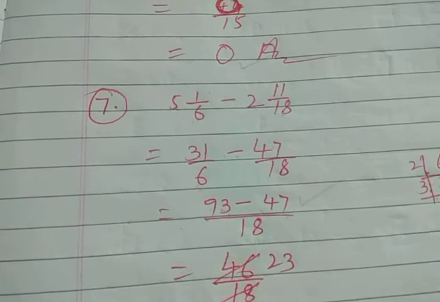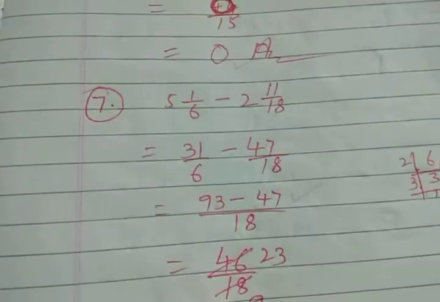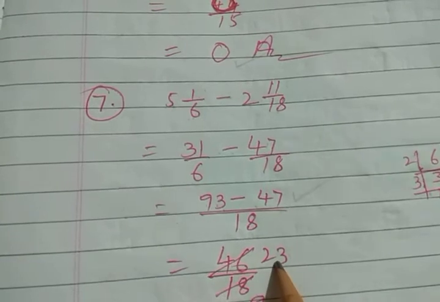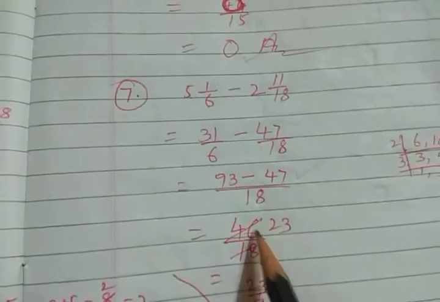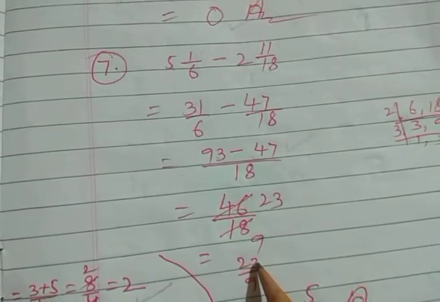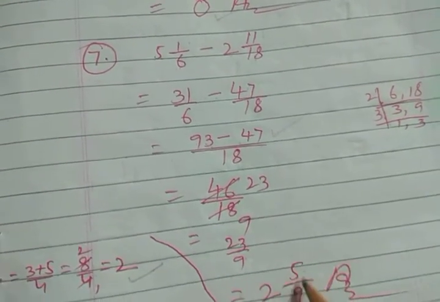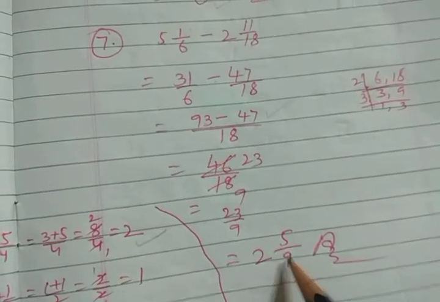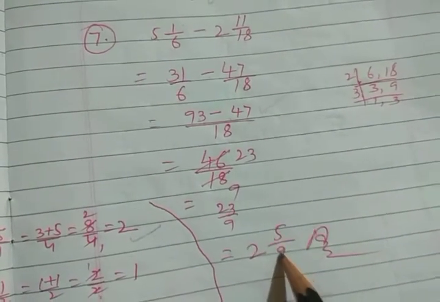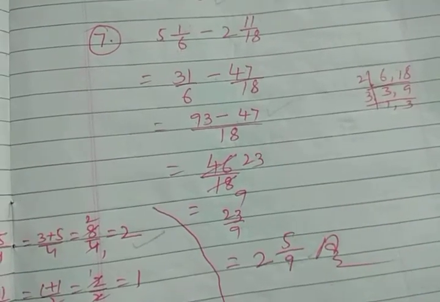We cancel it by the common factor 2. 2 nines are 18, 2 twenty-threes are 46. So the answer will be 23 by 9, which is 2 whole 5 by 9 as a mixed fraction.